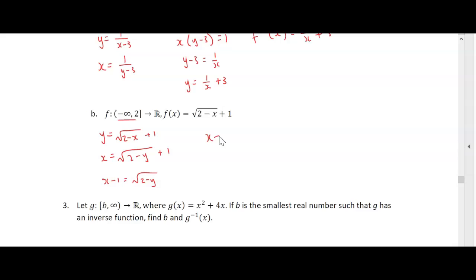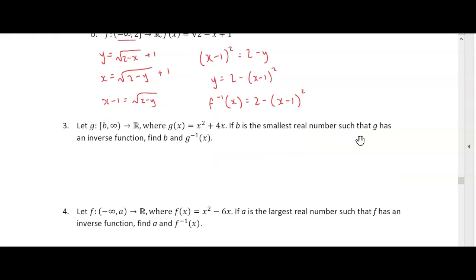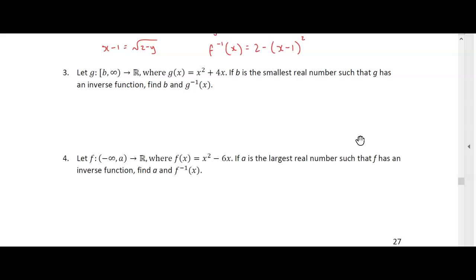To get rid of the square root sign, we're going to square both sides. So (x minus 1) squared equals 2 minus y. And that's going to be y equals 2 minus (x minus 1) squared. And don't forget, we can't leave it as y, so it's going to be f inverse of x equals 2 minus (x minus 1) squared. Now, I haven't been checking my answers as we go along, so hopefully they're all correct.